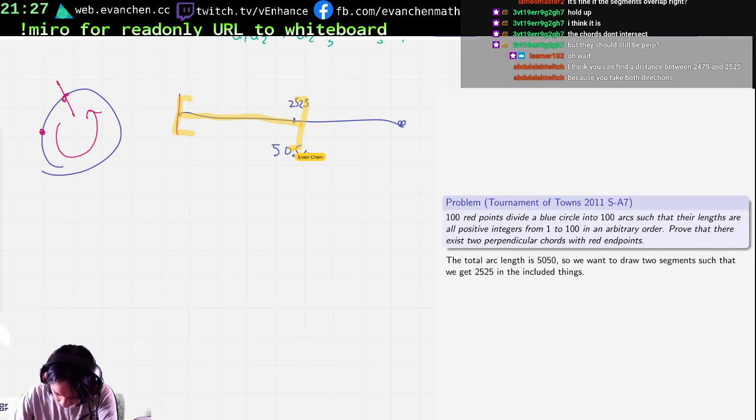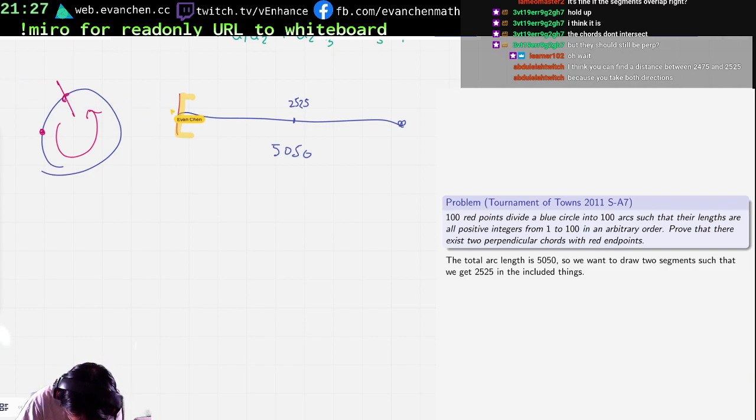So maybe I want to use 2425. Let's do that so that things are positive. So 2425 or something like that. There, you can look at the last thing before you reach the halfway point and the last one after it.